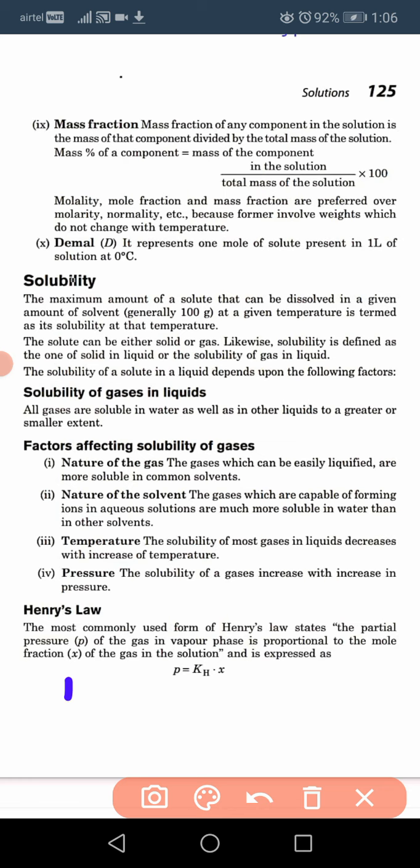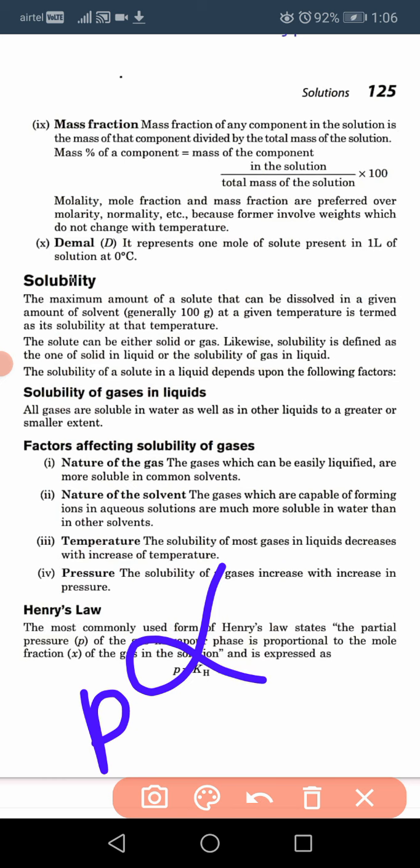Now we are going to discuss a very important law, Henry's law, which is studied for the solution of gases in liquid. Gas pressure is the main character of gases, so the more gas is present in the solution, the more the pressure will be.